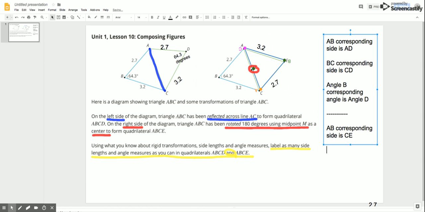And then we know that the corresponding side to side BC is the new BC, and that's going to be up here, which is actually AE.